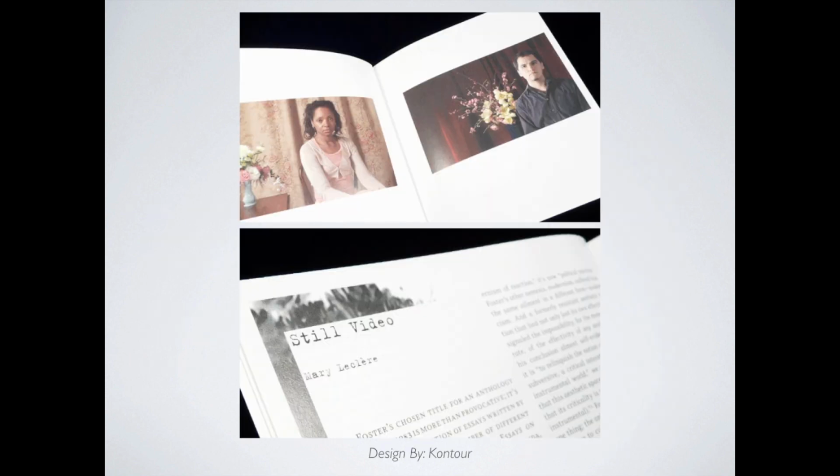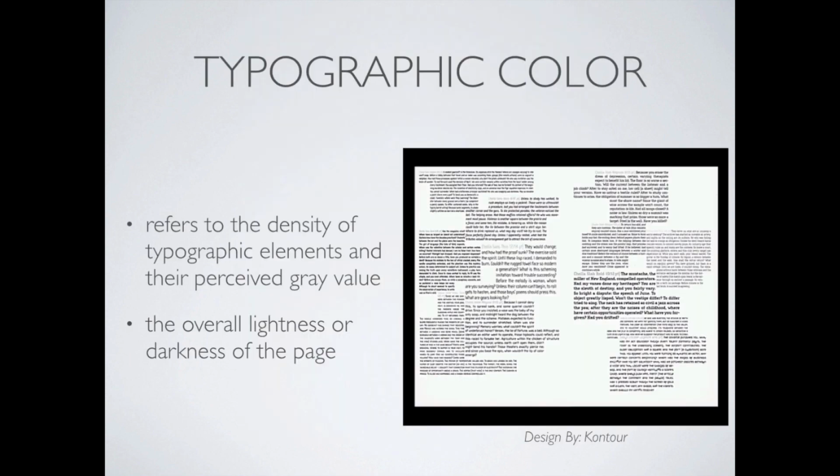Typographic color refers to the relative density of a block of text. And I think one of the things when you're first starting out and you're first writing out these paragraphs is that a lot of times you just think it's a bunch of words. But if you stand back, if you're in the back of the room and you squint at this, certain paragraphs in this layout stand out more than others.